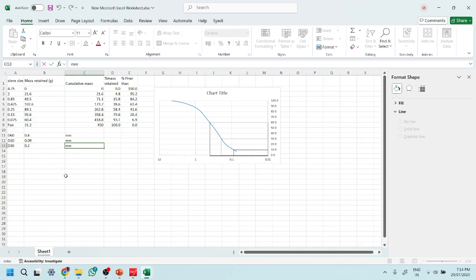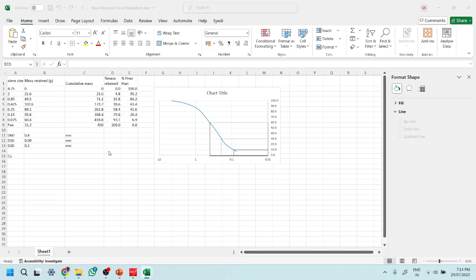So CU is equal to D10 by D60, isn't it? Yes, madam. 4.44.